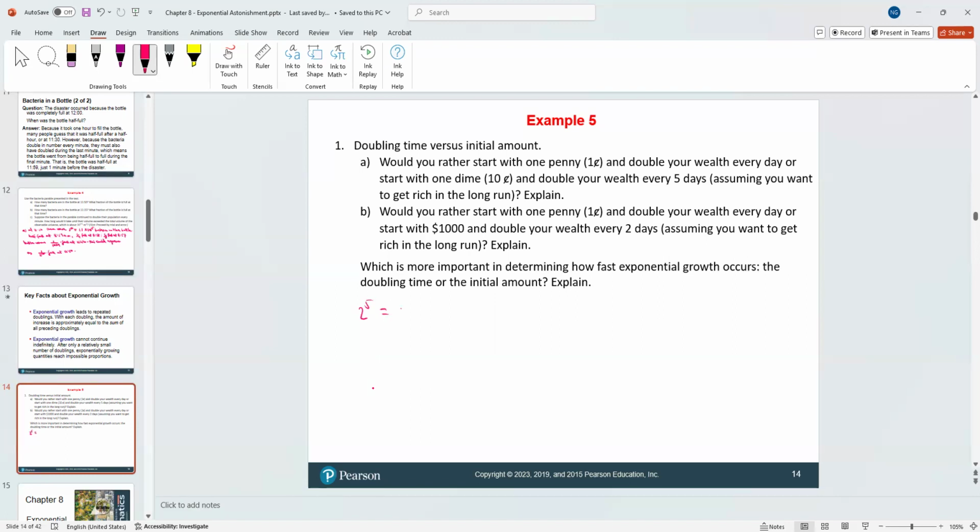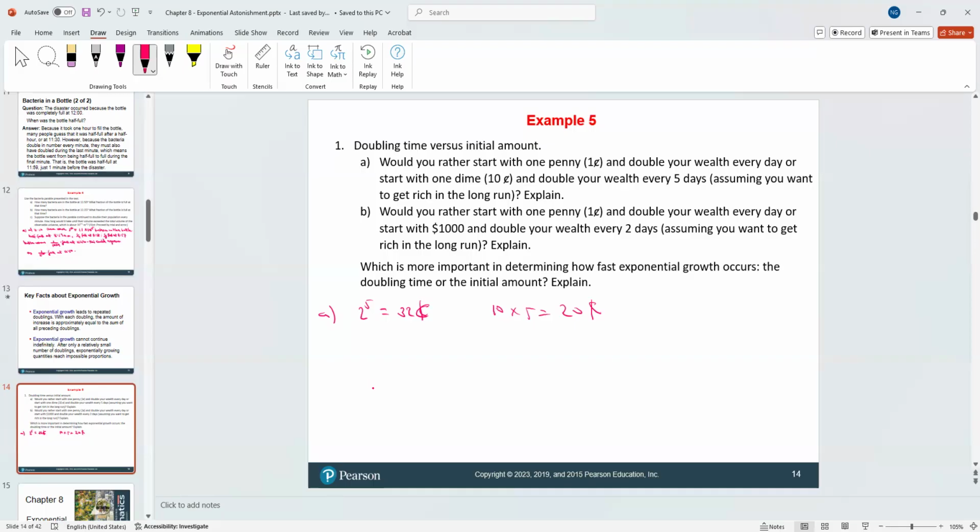That would be 32 cents, right? But the dime, after only 5 days, 10 times 2 is 20 cents, right? So you should definitely go with the penny.